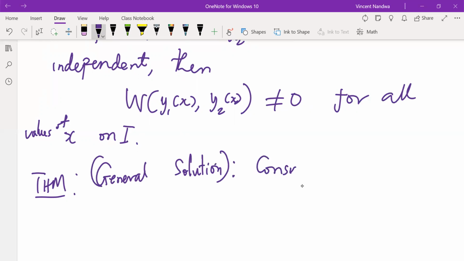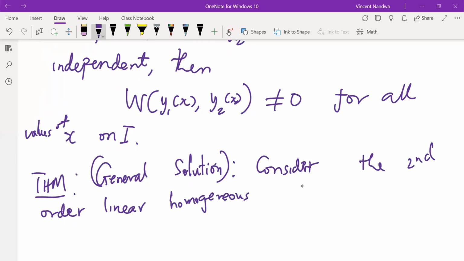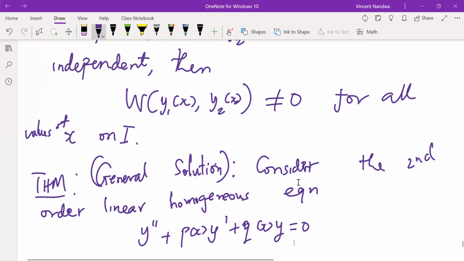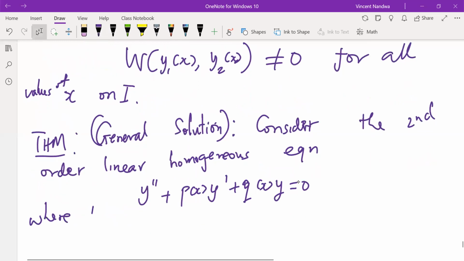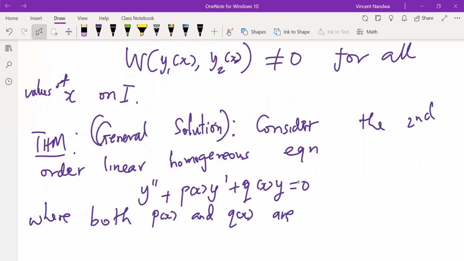So consider the second order linear homogeneous equation y double prime plus p of x y prime plus q of x y equals 0, where both p and q are continuous functions on an interval I.